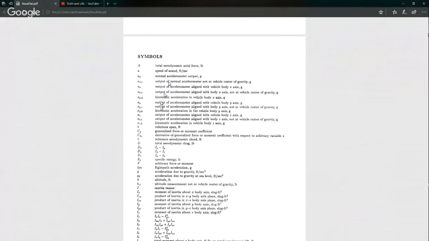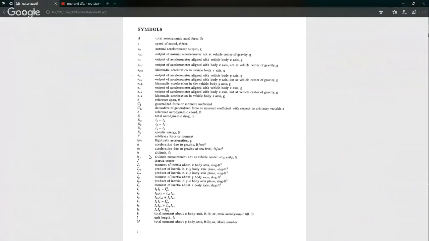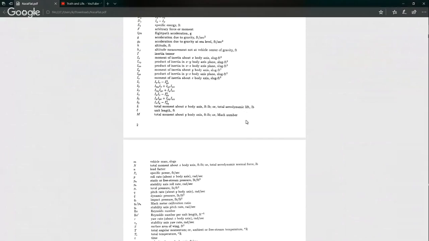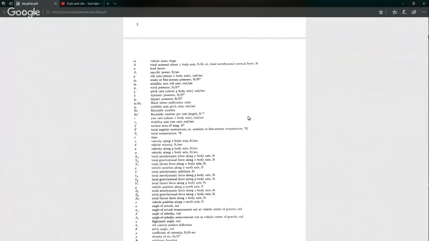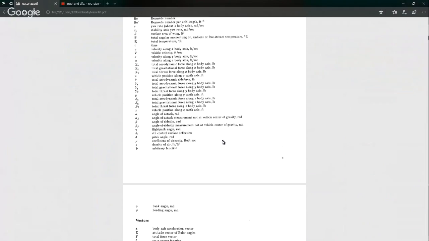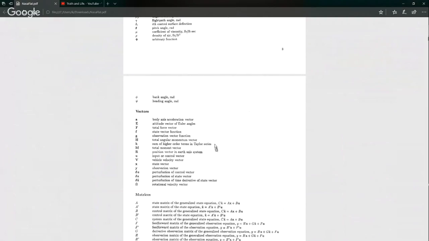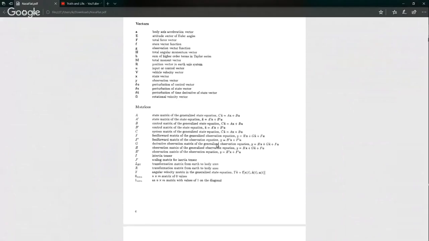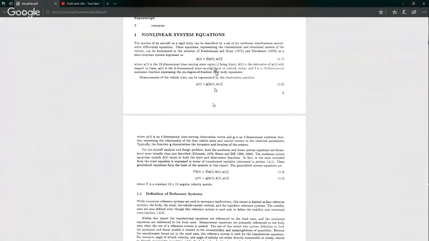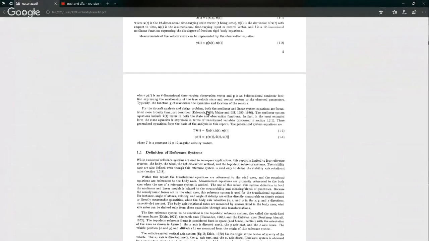Here they are explaining the symbols, flight paths and acceleration, levels, air pressure, everything from the airplane and the surroundings, in our atmosphere. They explain it all. Real cool.